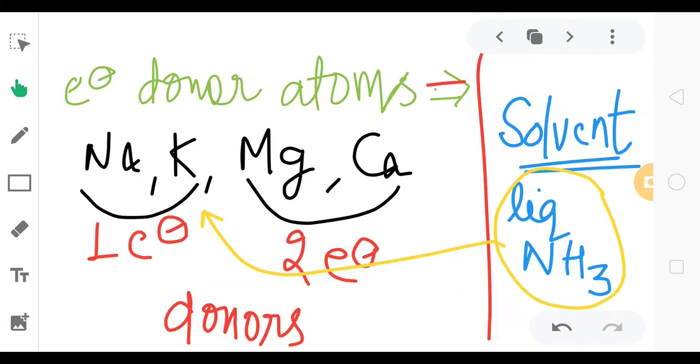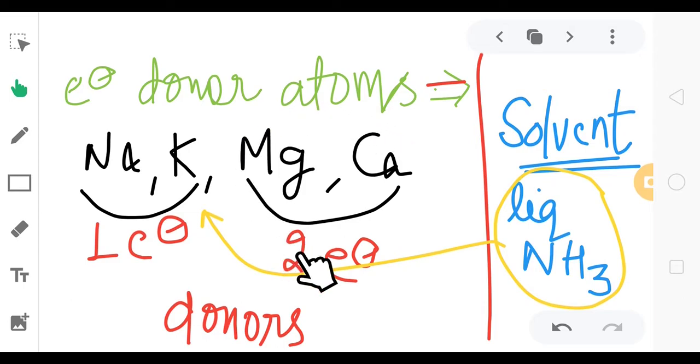We can have alkali metals as well as alkaline earth metals. Alkali metals, sodium and potassium, are one-electron donors, and magnesium and calcium, which are alkaline earth metals, can donate two electrons.